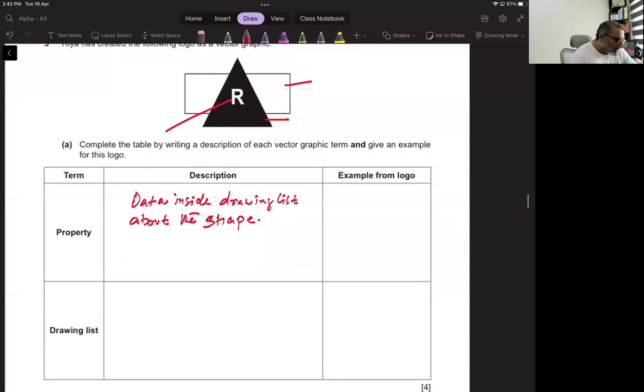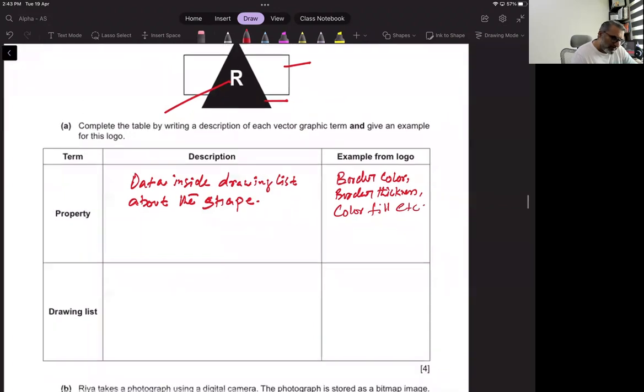Examples from the logo will be the border color, border thickness, shape, color fill, etc. You don't have to write a lot.